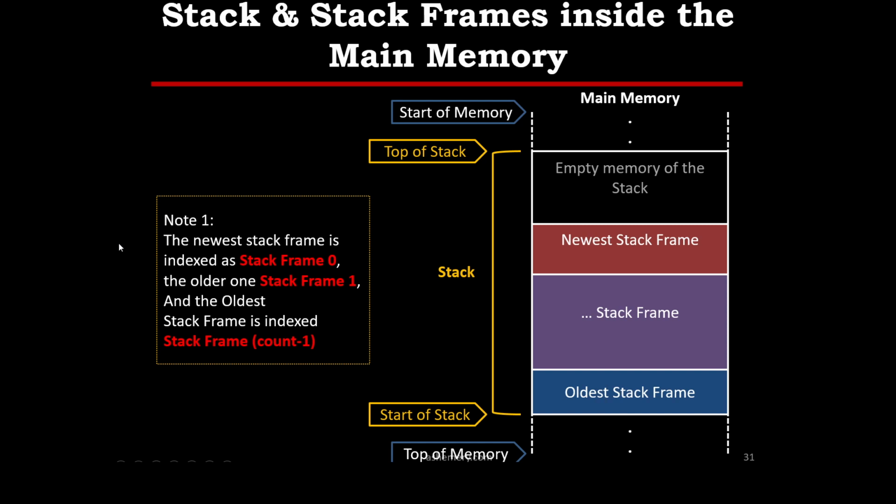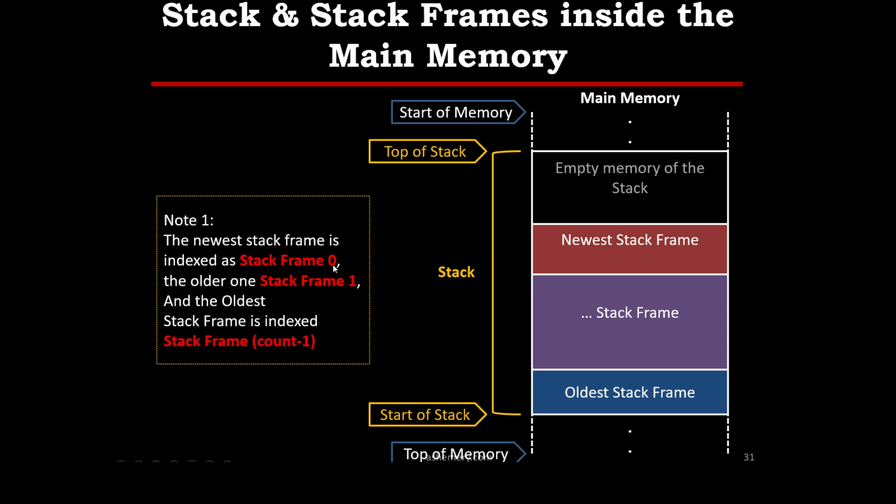One note to keep in mind is that the stack frame which is frame index number 0 will be the one that is actually active, and the oldest stack frame is indexed as stack frame count minus 1. So the one that's going to be active will be stack frame 0.